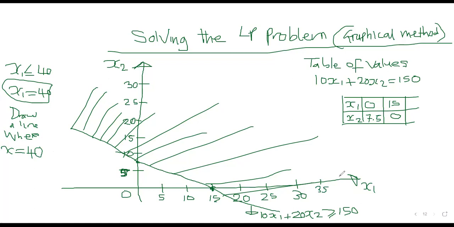The line is actually somewhere just here. So this is it, x1 less or equal to 40.